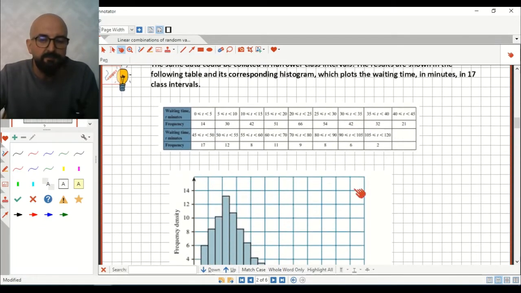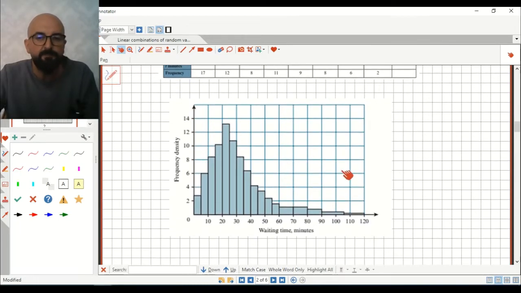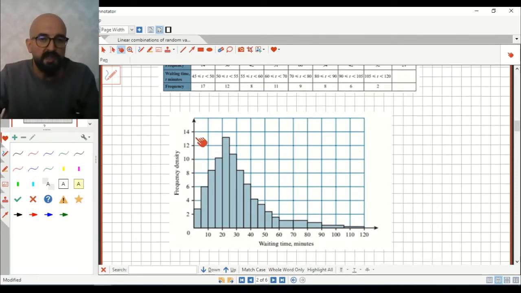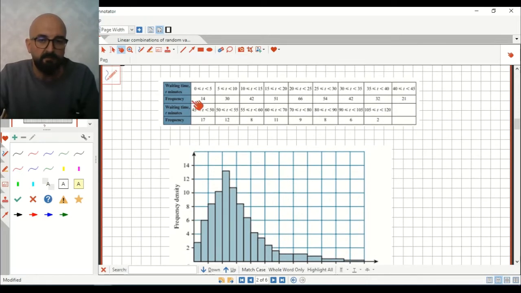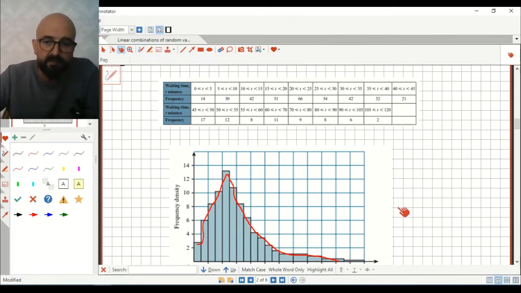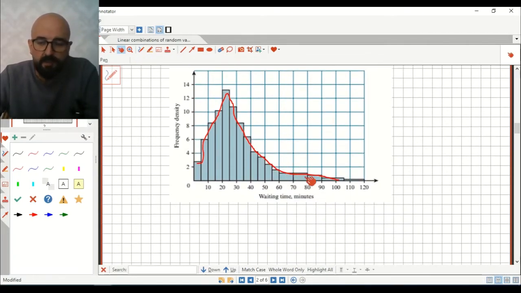But if we make our intervals very much smaller, we have more columns, so our curve becomes like this, very approximately a normal curve.